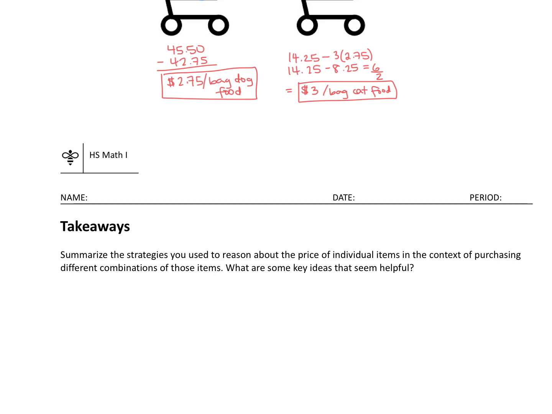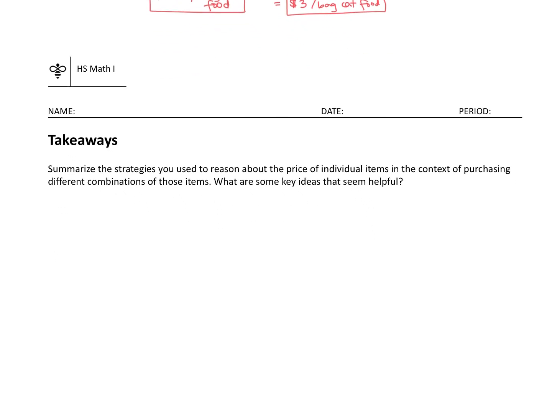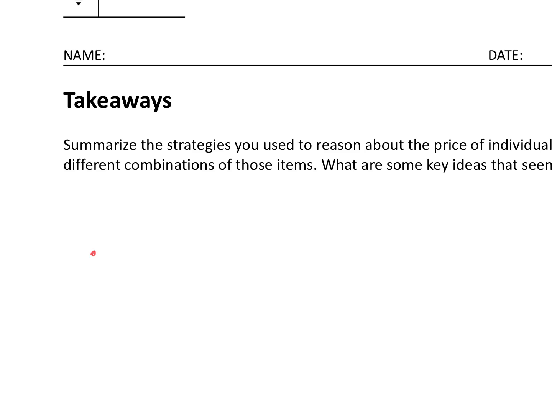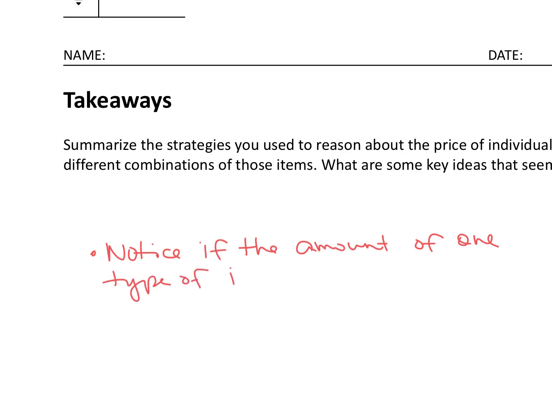So the first key idea that I've been thinking about is noticing if the number of one type of item matches, because that's super helpful. Notice if the amount of one type of item matches.